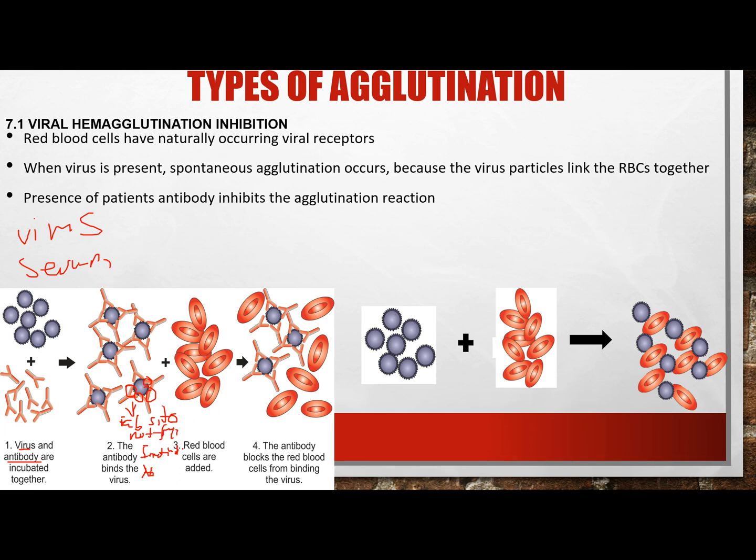That is why when you add your RBC, the antibodies would block the RBCs from binding the virus. So take note of that. This is a positive result, class, because there is no agglutination. Because again, the antibodies prevented the RBC from binding the virus.